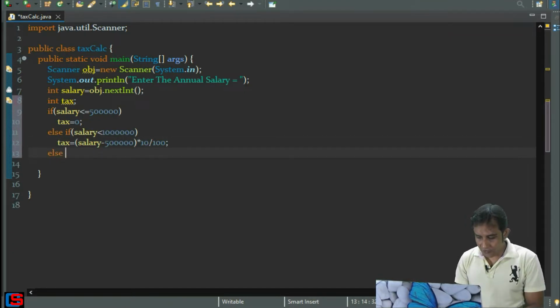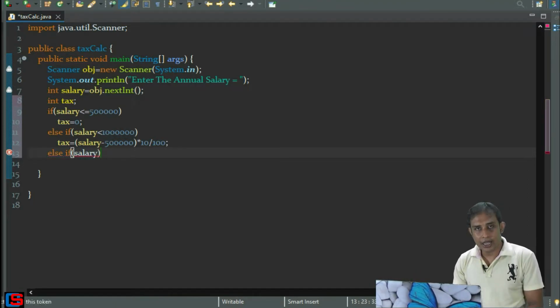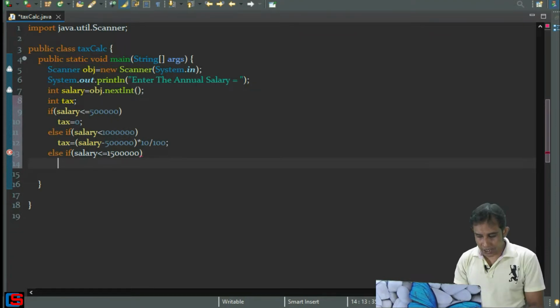And else if the salary is between 10 lakhs 1 and 15 lakhs, so salary is less than or equal to 15 lakhs, then tax equals 10,000 mandatory, plus the excess salary over 10 lakhs.